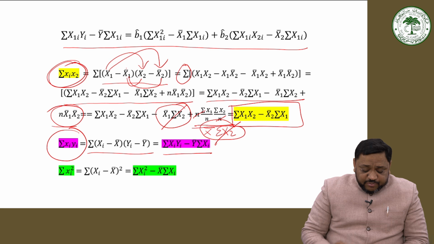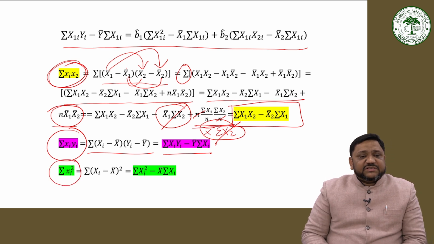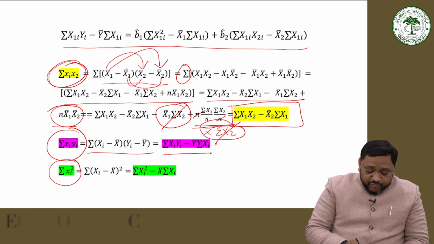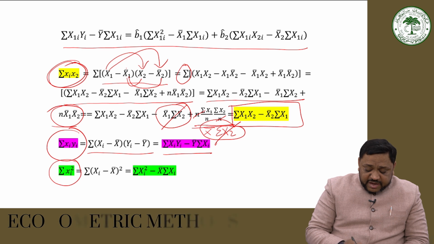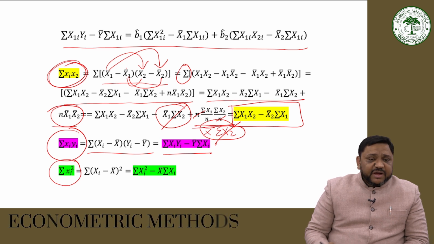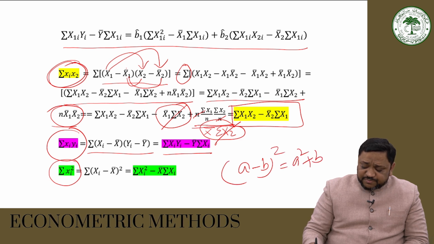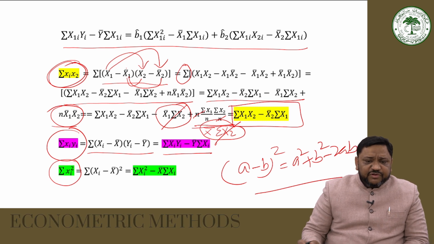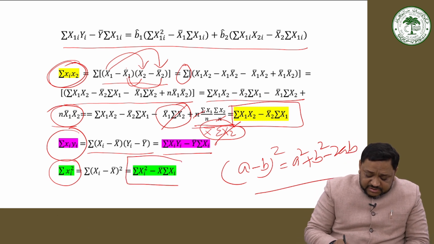Now next we take another variable, summation small xi square. Here xi is xi minus x bar, so we can write it as summation xi minus x bar whole square. Here we will be using the formula a minus b whole square is equal to a square plus b square minus 2ab, and upon opening the terms, we will cancel some of the terms. So finally what we get is this.